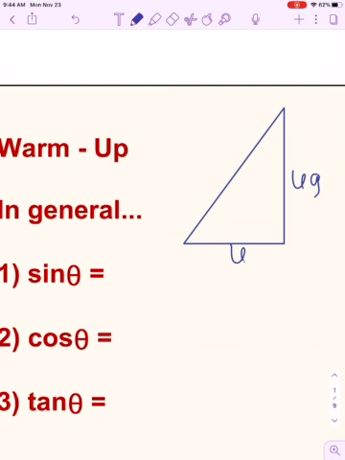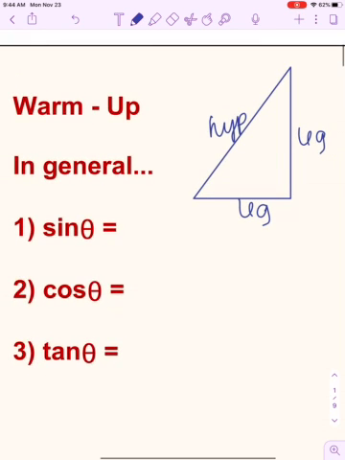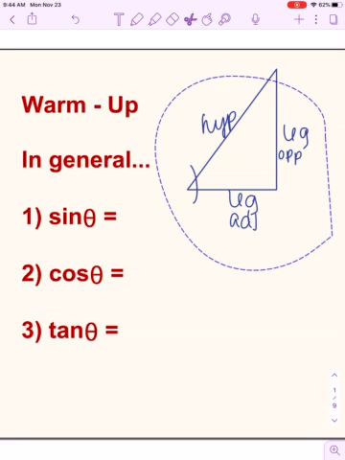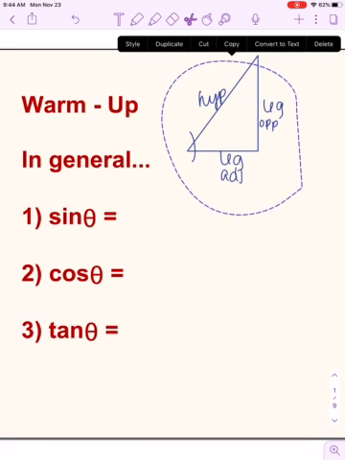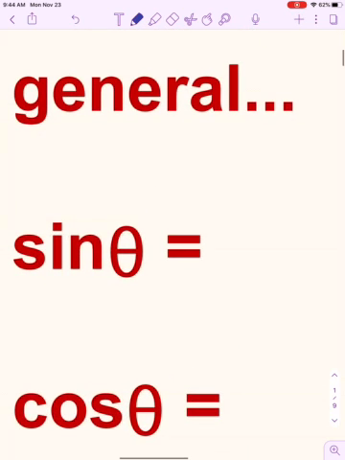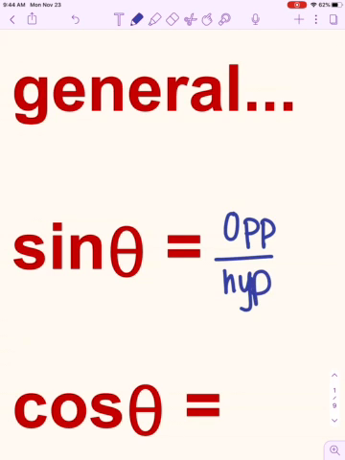There are two legs and the hypotenuse. And if you have an angle swooped, you have an opposite, you have an adjacent, and you have a hypotenuse. Right triangle trig is all about the relationships between those legs and whatever angle you're talking about. So the sine of the angle is opposite over hypotenuse.